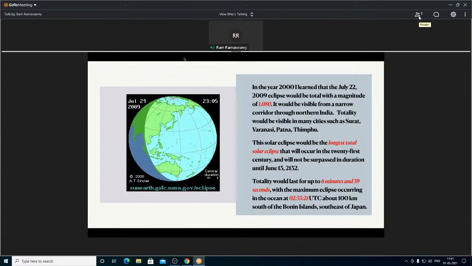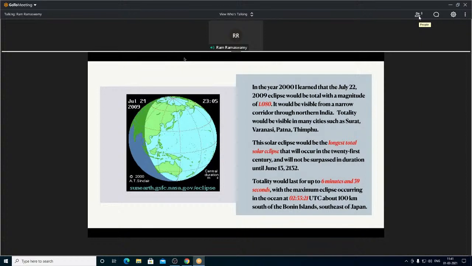But the data about this eclipse was already known decades before. And in the year 2000 or so, I learned about this phenomenon, and all sorts of details could be found. It would be visible in many cities such as Surat, Varanasi, Patna, etc. And it was on the 21st, 22nd of July, 2009.